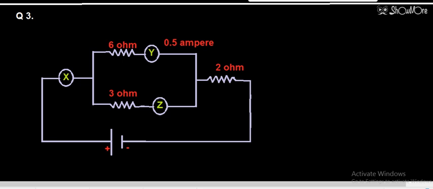This battery has a voltage, so we have to find that voltage V. The reading of device Y is given, that is 0.5 ampere. The reading of Z we have to find, the reading of X we have to find, and the voltage of the battery we have to find.